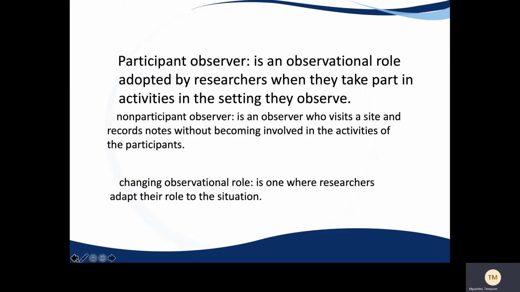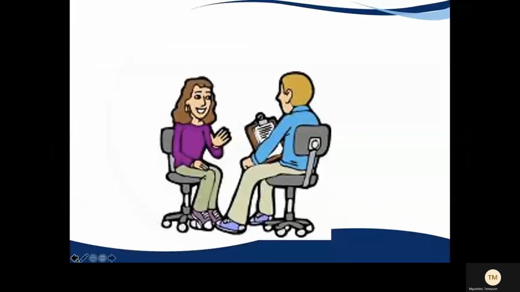Of course, this carries with it both the limitations and advantages of both a participant observer and a non-participant observer, but it is a viable option that has been utilized specifically in very dynamic research contexts where it is impossible for the observer to adopt one singular position, and so forth.